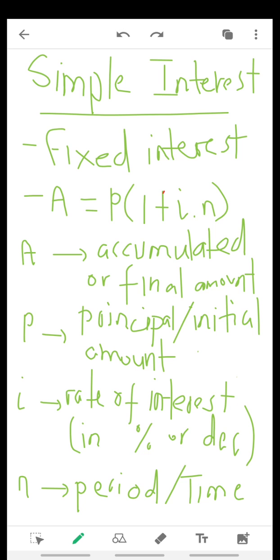And then we have i, which is what we call the rate of interest or the interest rate, and usually it will be quoted in the statement as a percentage, and when you use it in calculations, we normally write it in decimal form. Okay, and then n is the period of time the money is taken for. Okay, all right, so now it's the period or the time.